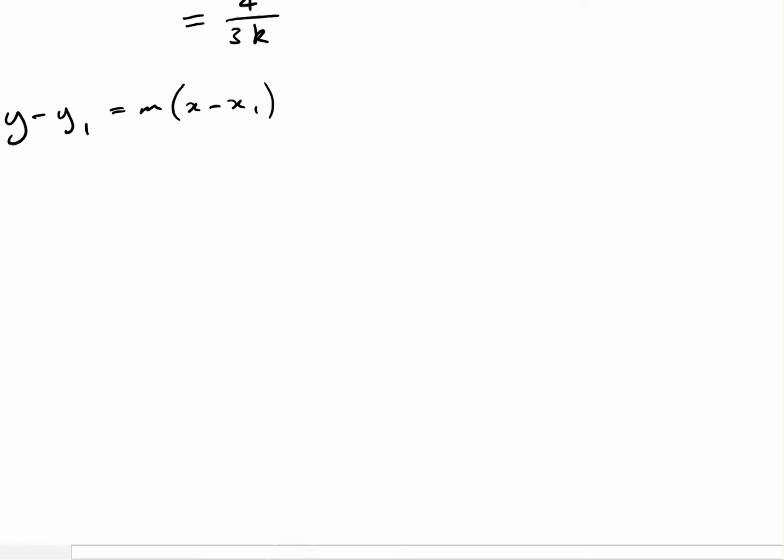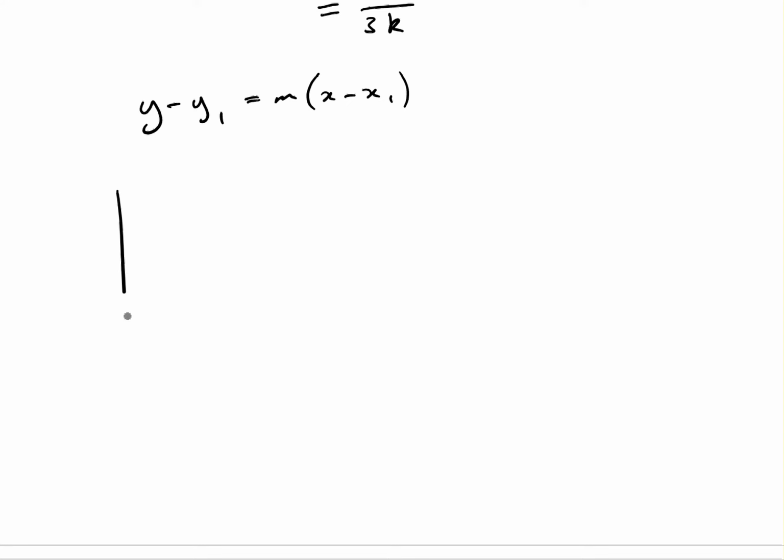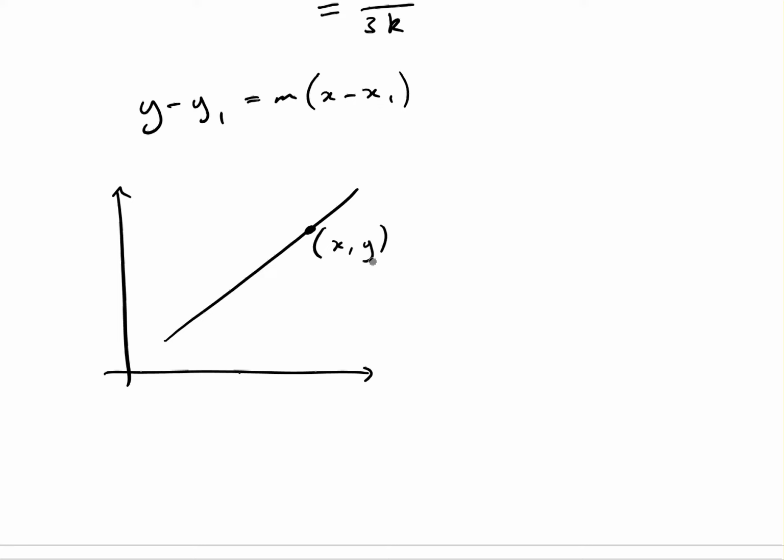Remember, this comes from, let's say we have a straight line. We pick any 2 points on that line. Let's say we pick this point up here, x, y. Well, you can always find a point which is however far you want away from it. Let's say that point is x1, y1. You can choose any point you like.